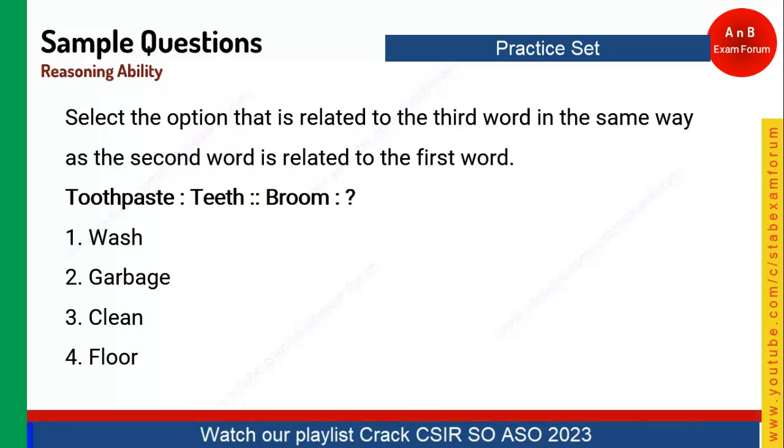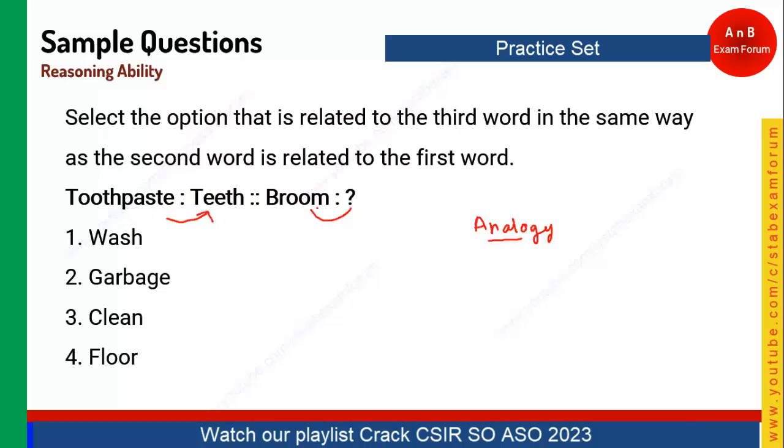Okay, time's up. Student, this type of question comes from a category called analogy. What does this mean? This means there are some elements in the question, and you need to find the relationship between those items. Here, toothpaste is used to clean the teeth.